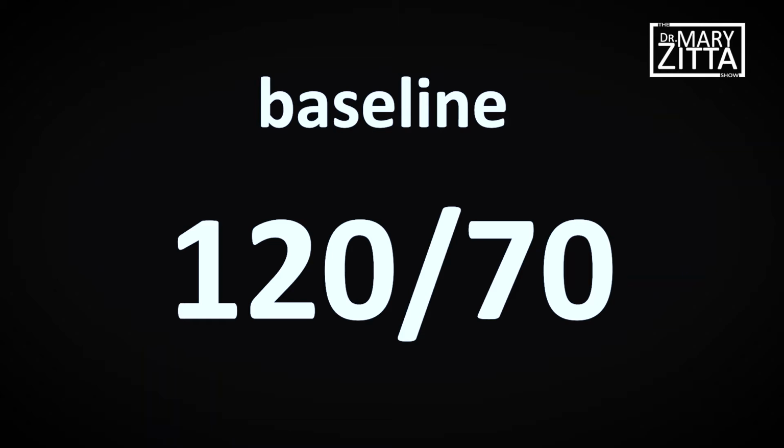So looking at these two numbers, measuring the pressure of the artery during the heartbeats and between the heartbeats, it really gives you a close sense as to whether or not the pressure in this person is high or low.